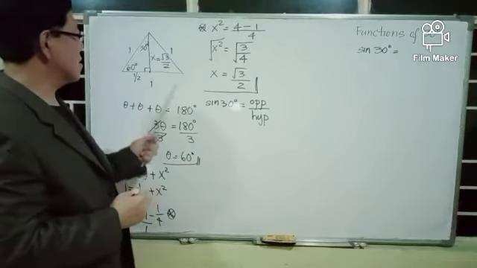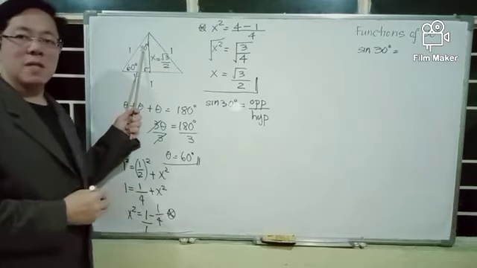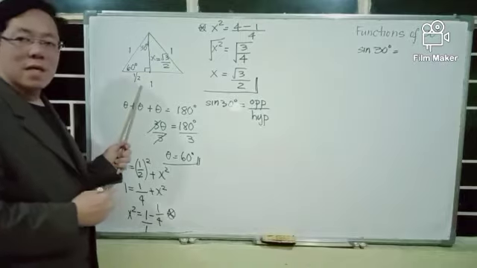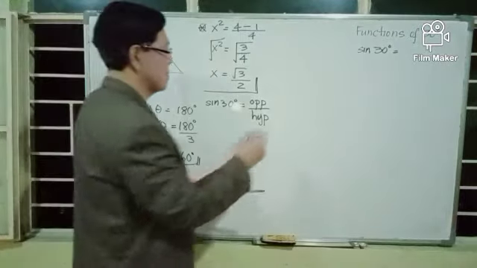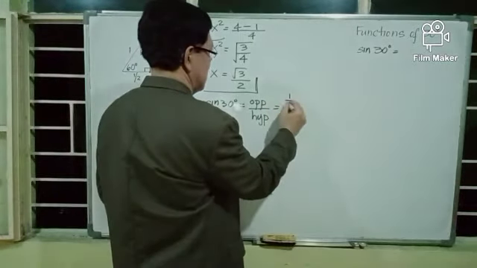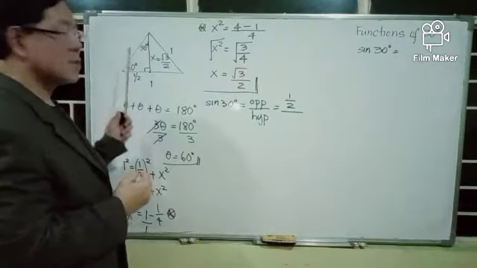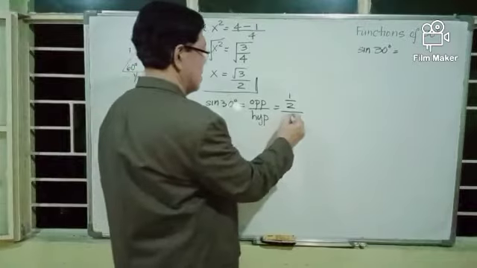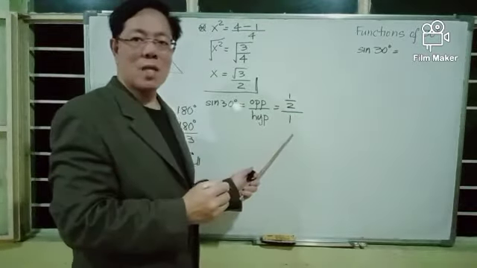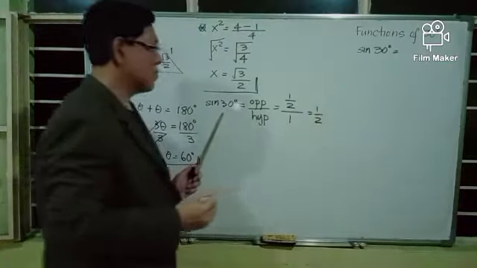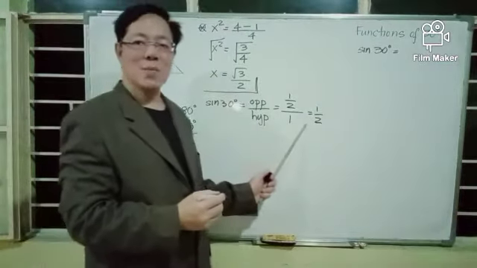The side opposite 30 degrees has a length of 1/2, divided by the hypotenuse, which is 1. 1/2 divided by 1 is 1/2. Therefore, the sine of 30 degrees is 1/2.